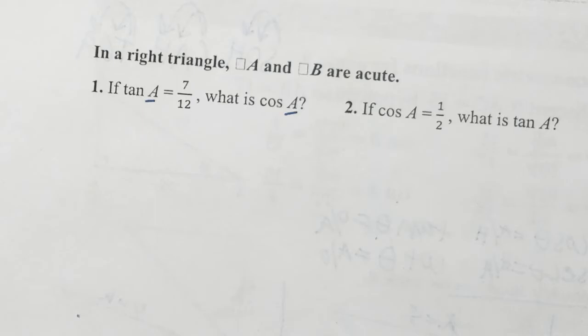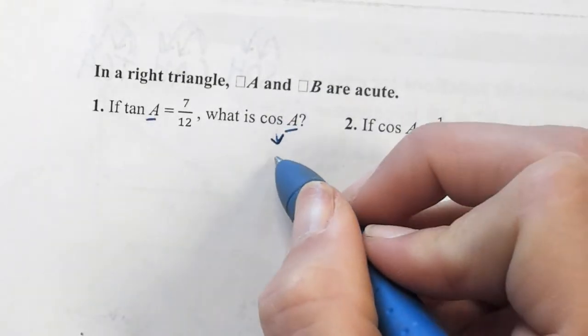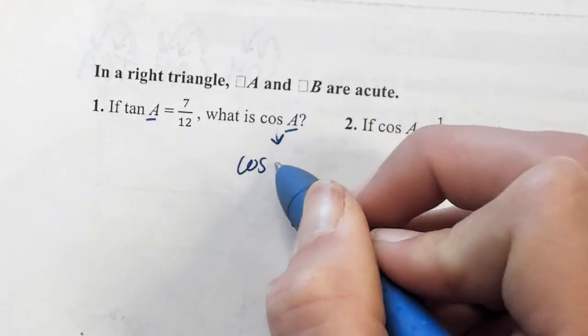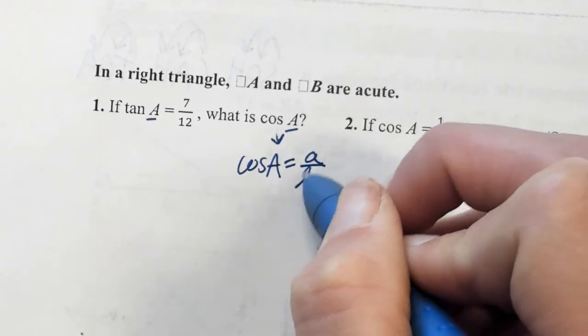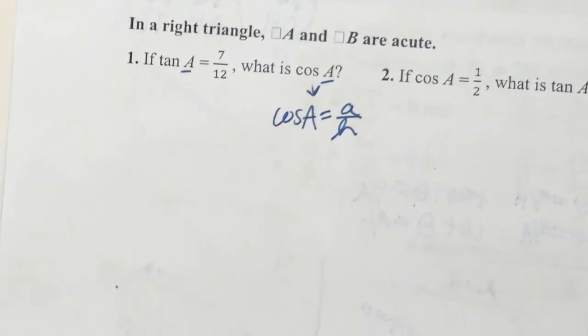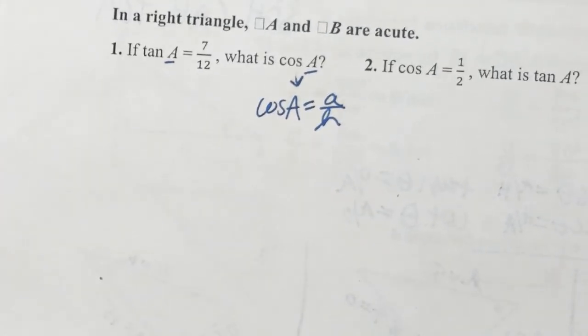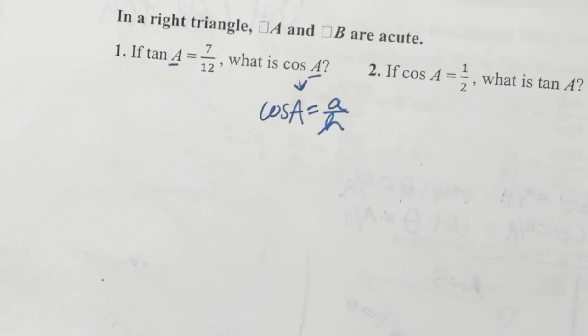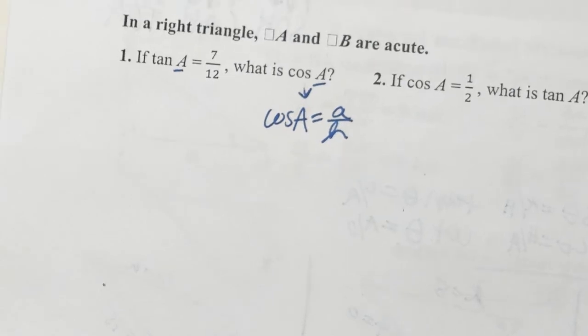Or first of all, what is cosine? Good. How do we find that? I can't hear you. Somebody said something though. Okay. We don't have to. The tangent is the opposite and the adjacent.